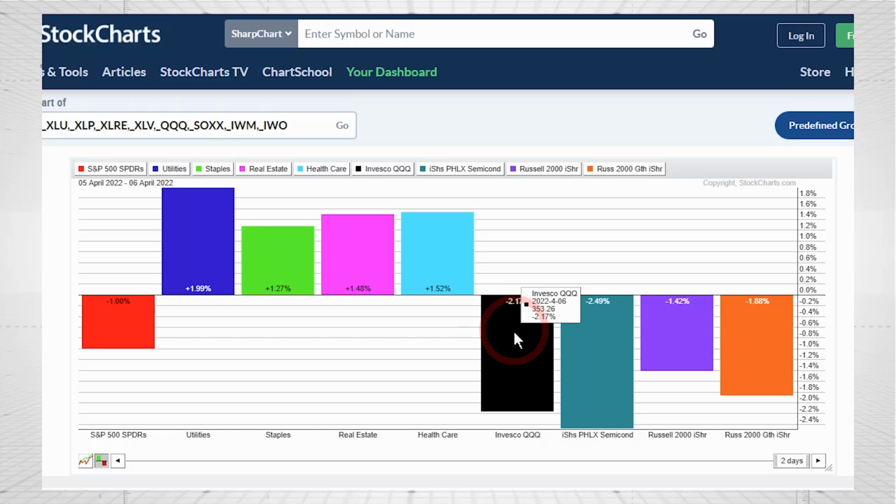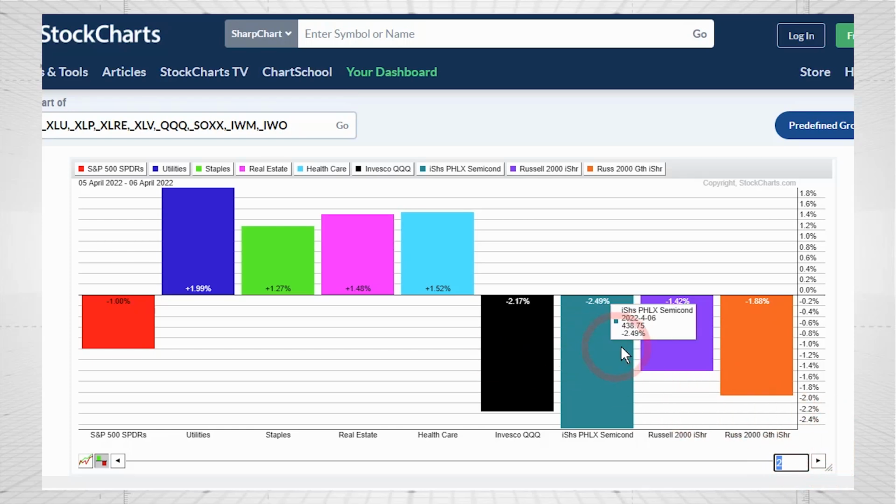And then we look at the leaders on the downside. The Qs, the semiconductor ETF, SOSX. We have the Russell 2000 ETF, small caps down 1.42%, and growth down 1.9%. This is not good because this is where the offense is in the market. This shows risk on versus risk off, basically.